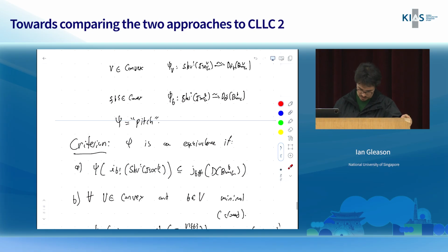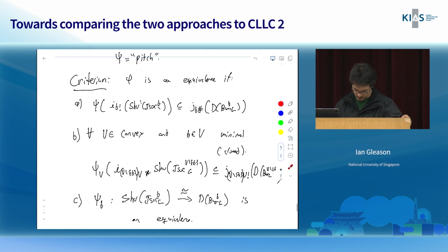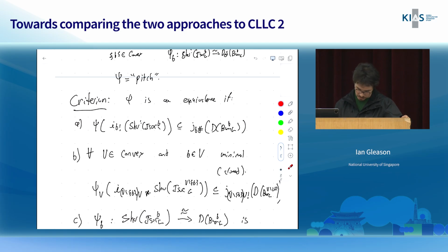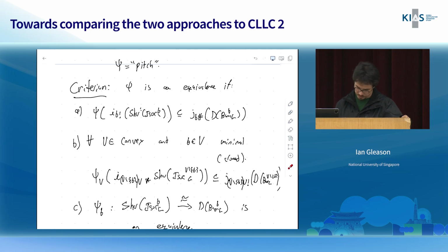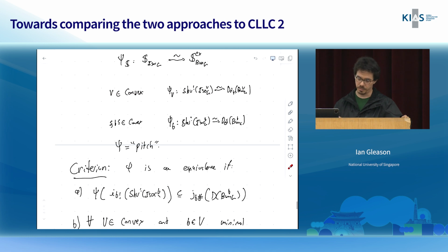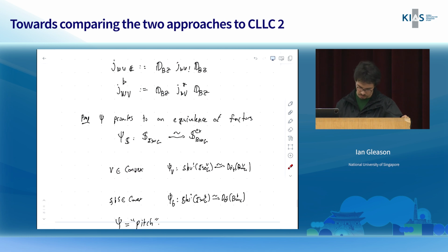Okay, the logical connection is if this functor pitch satisfies these three properties, then it is an equivalence and automatically promotes uniquely to an equivalence of functors of this type. So you get all of the intertwinings for free as well. And the point is this is literally all formal. It's painful, but it's actually just playing with semi-orthogonal decompositions.